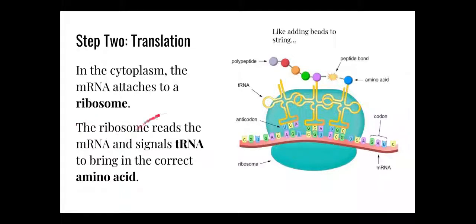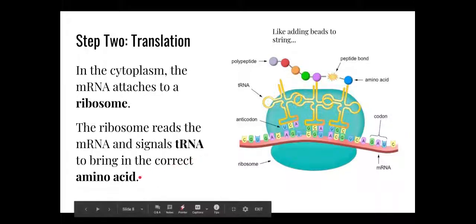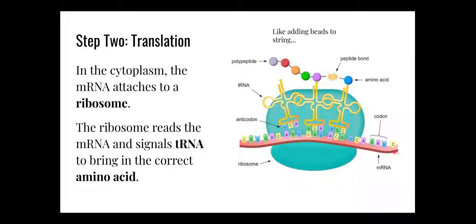We're translating our RNA into protein, so we're going to do that in the ribosome. The ribosome is going to read that mRNA strand, interpret it, and signal something called a tRNA to bring in the correct amino acid. So over here, we have a picture that's describing what's happening in translation. We have our mRNA strand. This is the thing that we transcribed in the nucleus from our DNA code.